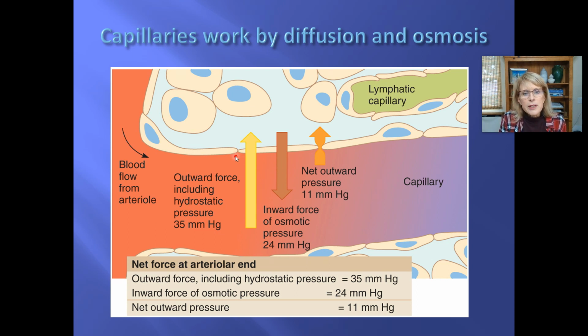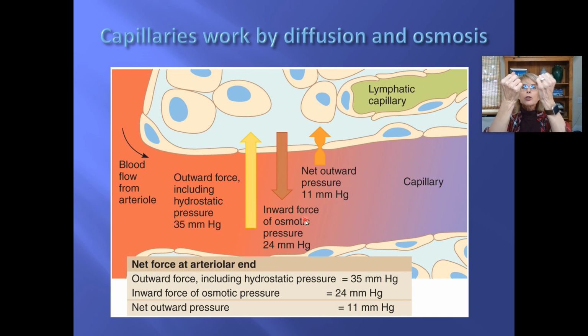The little spaces in between the simple squamous epithelial cells are super small. They will allow water and very small molecules that are dissolved in water to leave if the pressure inside is greater than the osmotic pressure asking the water not to leave.